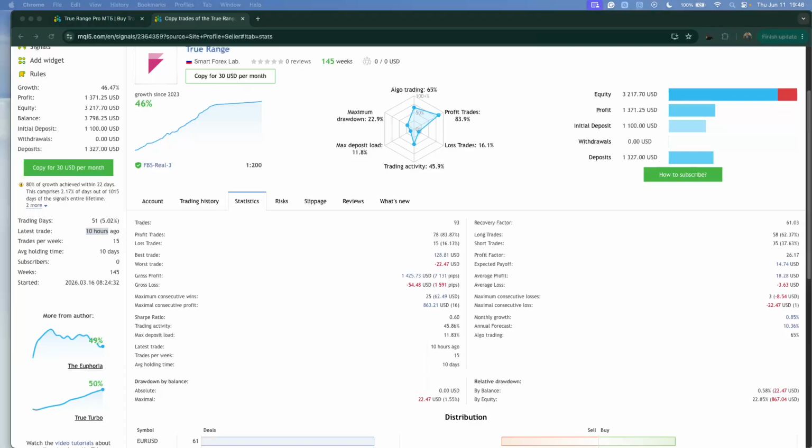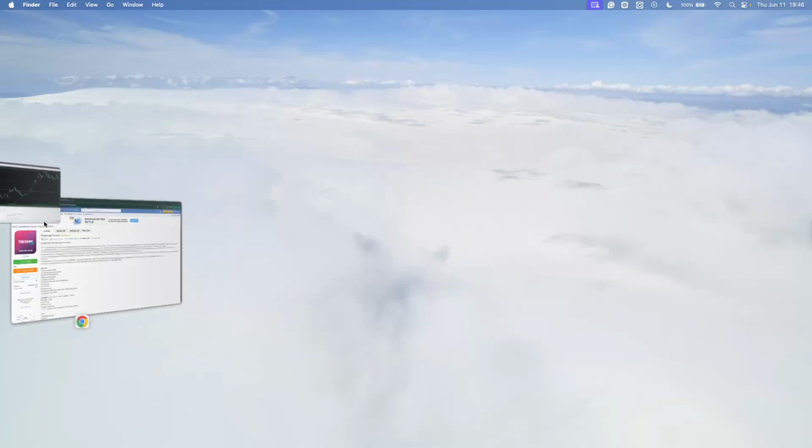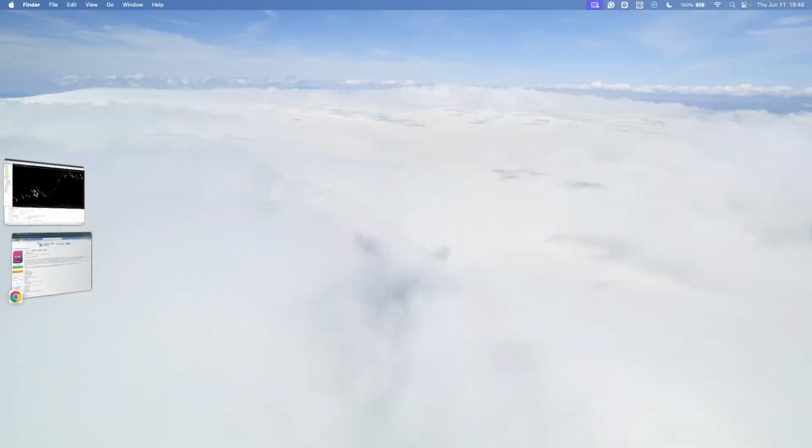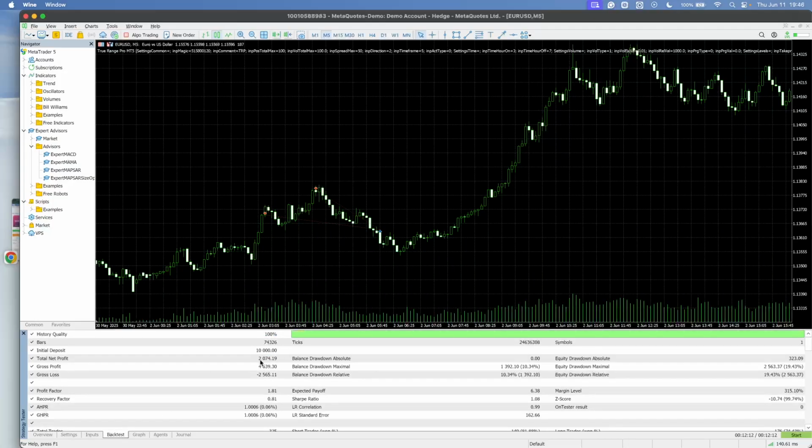Now, looking at this, I had the opportunity to run my own backtest to confirm, and I did it on MetaTrader 5 on EURUSD on the 5-minute time frame as recommended from June 2025 to June 2026 with a $10,000 deposit, and total net profit came in around $2,074.